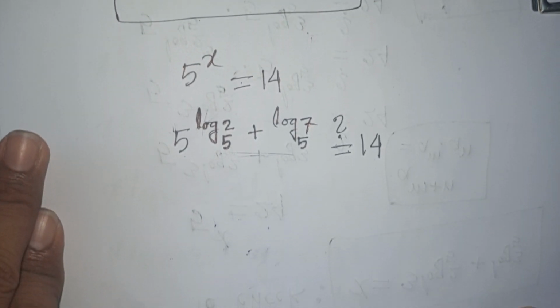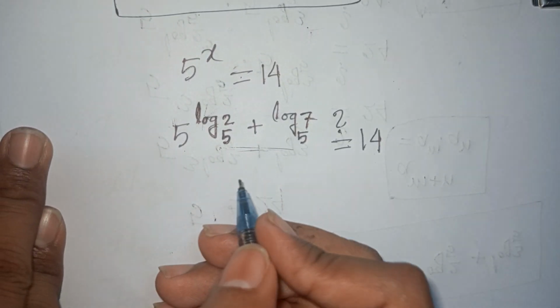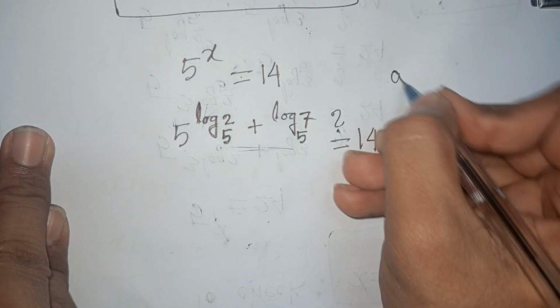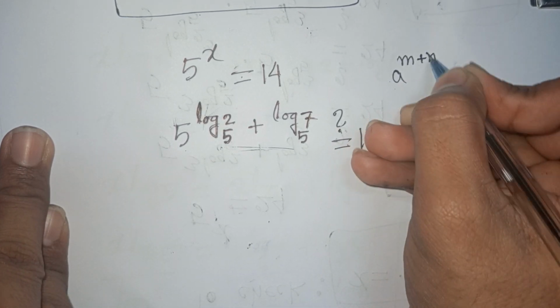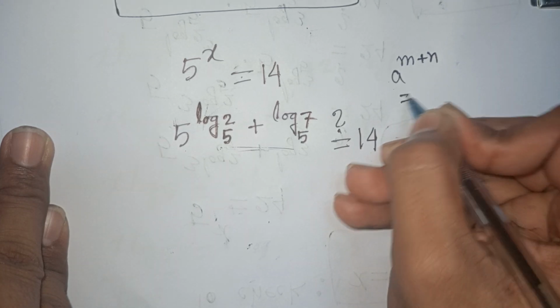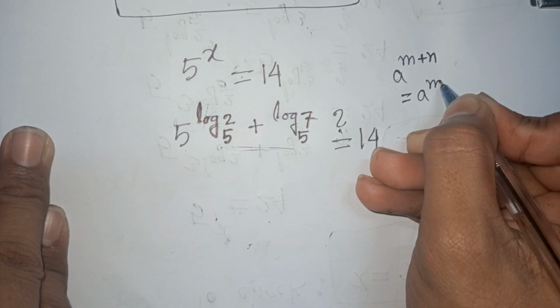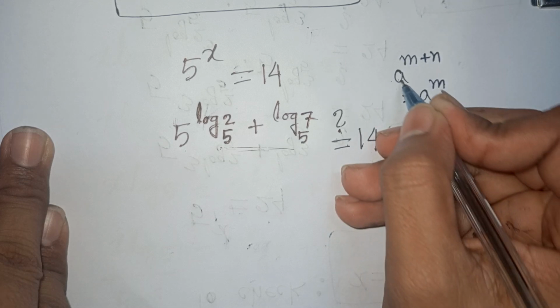Now here you can apply this exponential rule that a to the power of m plus n is equal to a^m times a^n.